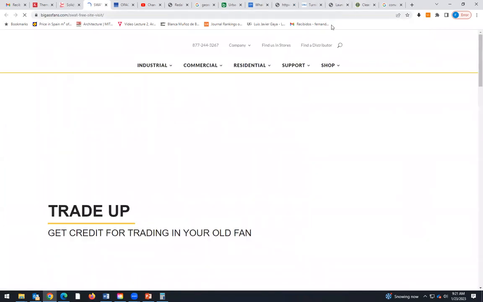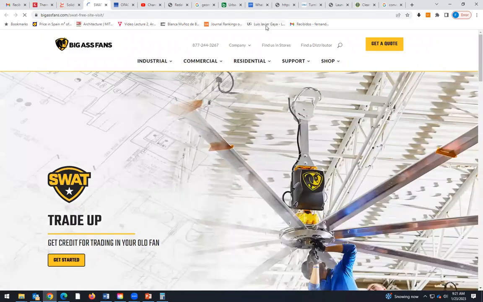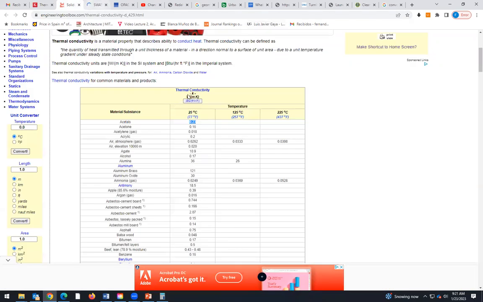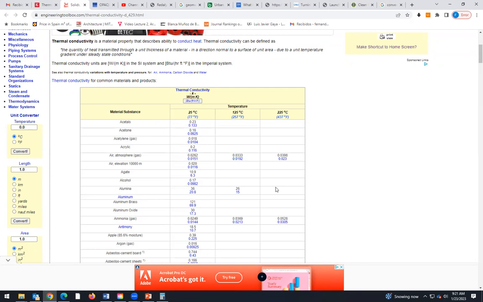If we want the imperial units, I need to click on this. So the blue values are the imperial units. Is it enough? No, it's not enough, because those units are BTU divided by feet, hour, Fahrenheit. These are the imperial units for thermal conductivity.